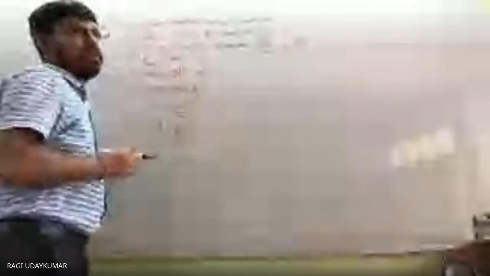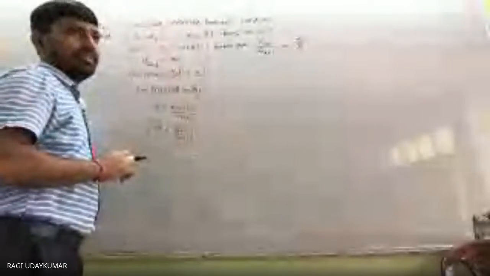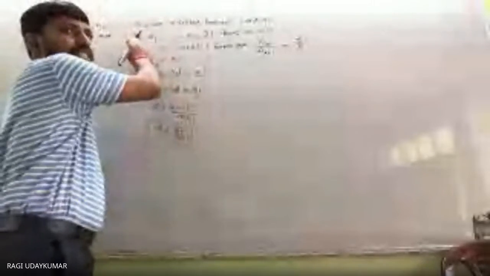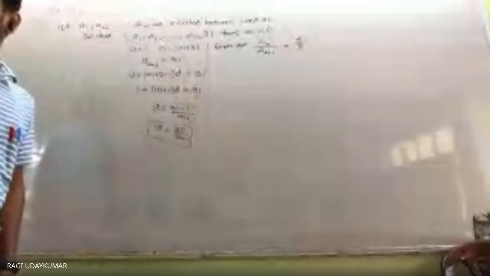Why? Because the seventh number becomes the 8th term in the arithmetic progression. This is the 7th number. This is the first number, and this will be the second term of the arithmetic progression. Is it clear?